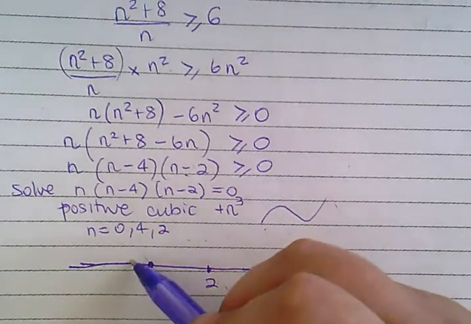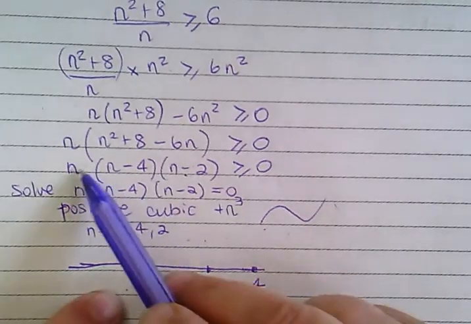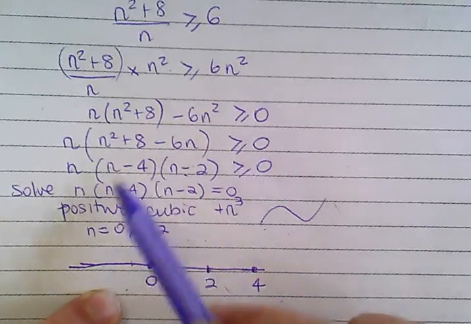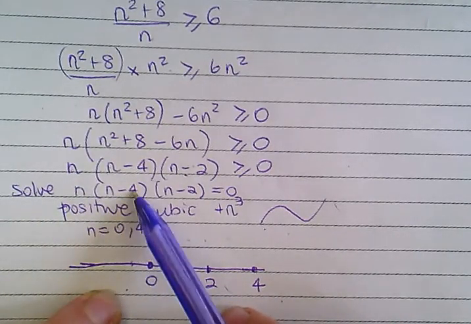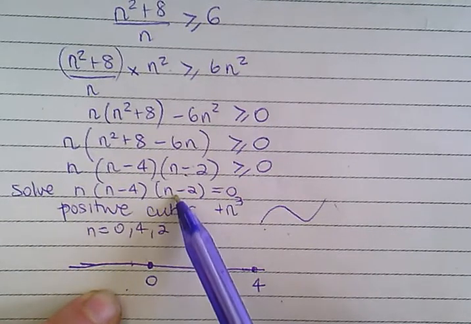What I do is just test, say, -2 or -1. Try -1 and put it into this expression. So -1 times -5 times -3.